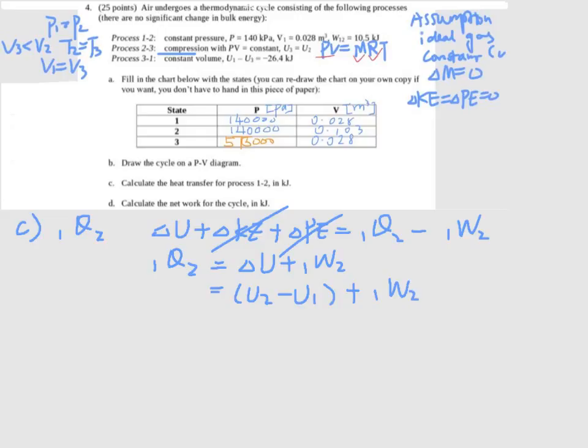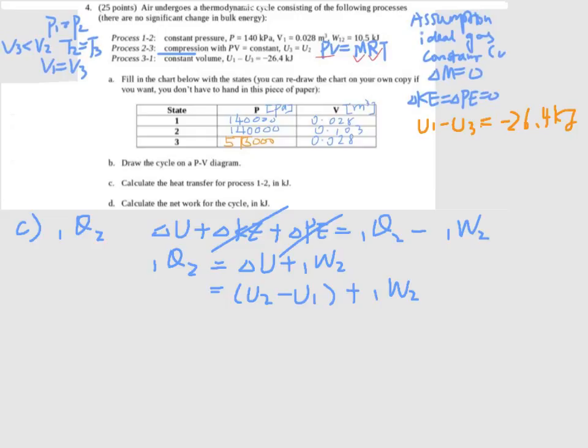Maybe you already noticed that we're not given U2 minus U1, but we are given U1 minus U3. So let's put a side note here. We're given U1 minus U3 is equal to negative 26.4 kilojoule.